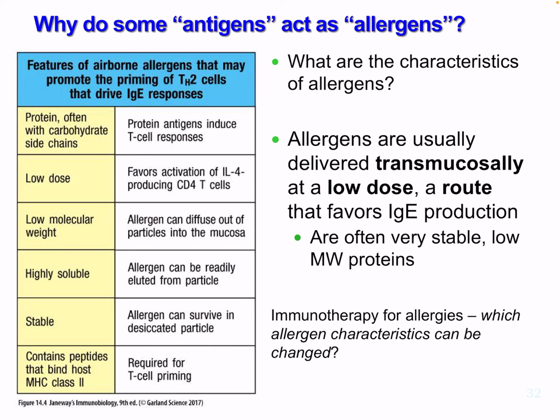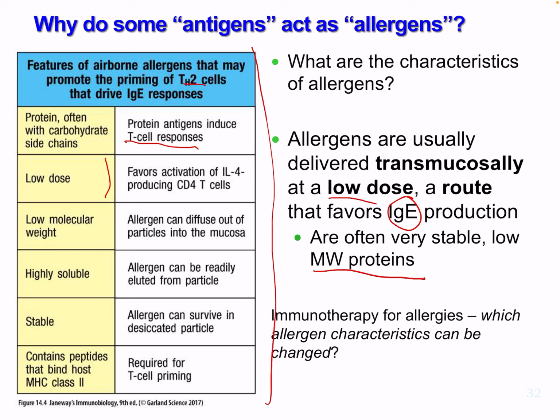So why do some antigens act as allergens? So allergens are usually delivered transmucosally at a low dose, a route that favors IgE production, and they are often very stable, low molecular weight proteins. So here we can see features of the airborne allergens that may promote priming of Th2 cells. So proteins often with carbohydrate side chains that can produce T-cell responses.